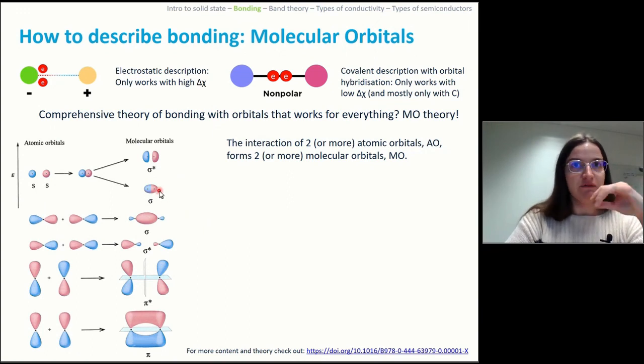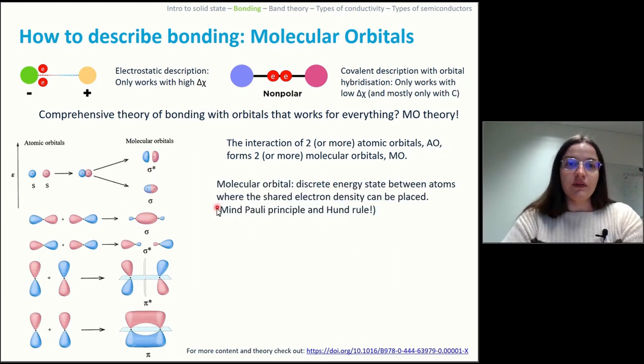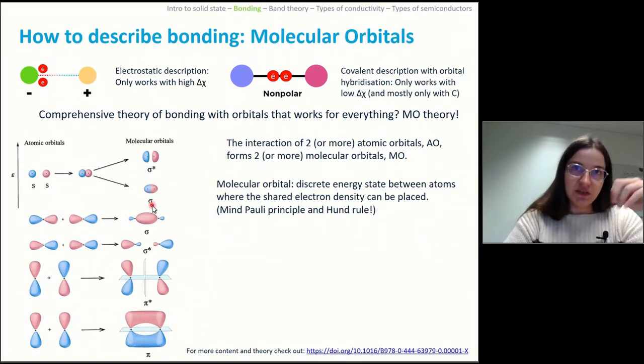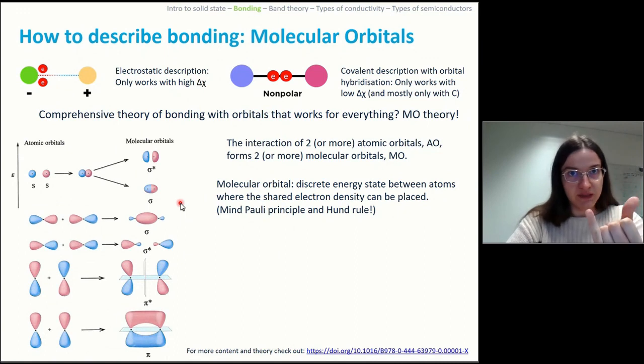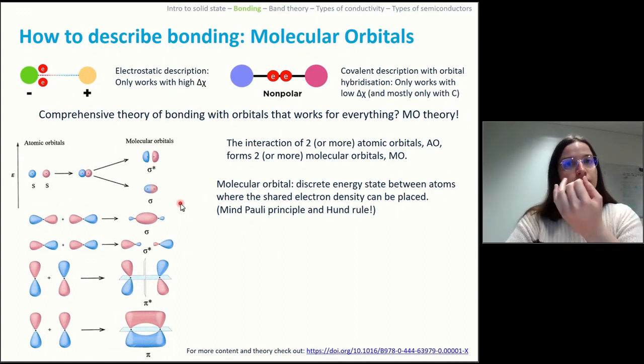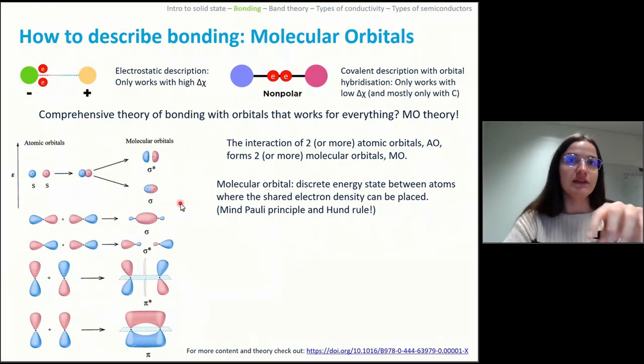One in which they can really interact with each other, which is the bonding part, and one in which they don't really like to interact with each other, which is the anti-bonding. So the molecular orbital is a discrete energy state that you create between two atoms where you can place the shared electron density. The interaction between the atomic orbitals will lead you to have a new zone of electron density in which you place the electrons.